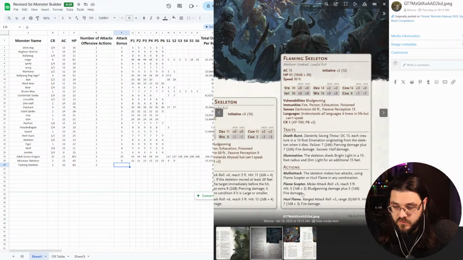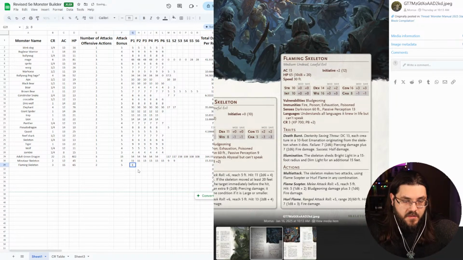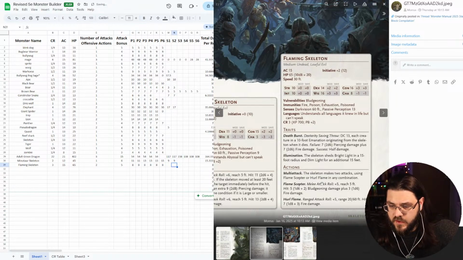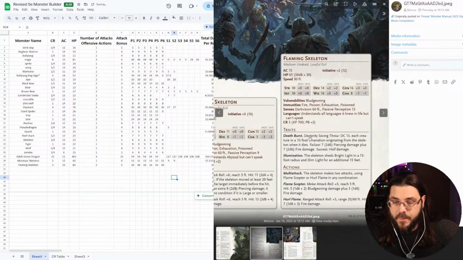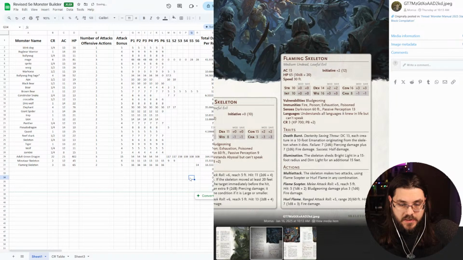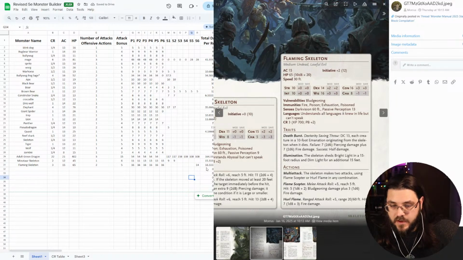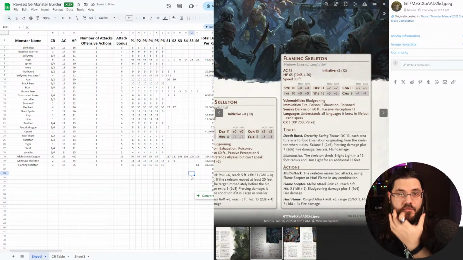So we're going to assume Flame Scepter and do 8 damage across the board, which would actually be 16 because it's 2 attacks, and then they get a death burst, so 1 round they will die and they will do 14 damage, and then that will take them up to 18 average damage.